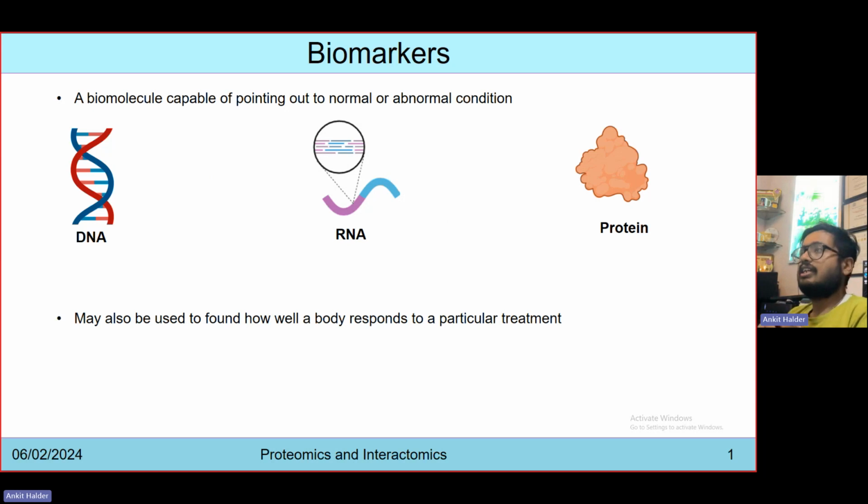By monitoring certain genes' expression, we can identify and understand whether a person is going to have a disease or not, or how detrimental it can be. So we will see what the biomarkers are able to express to us or help us in understanding or identifying.